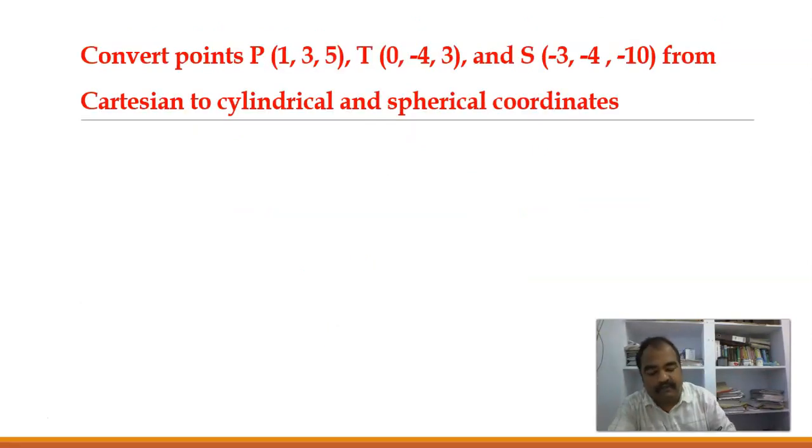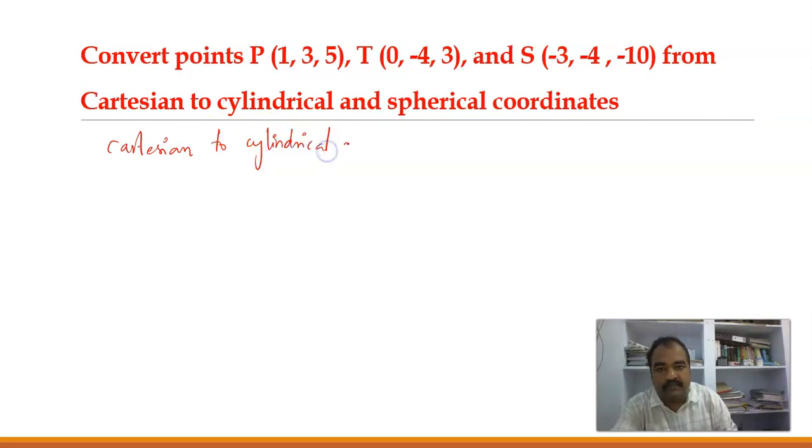Now we will try to convert each of these points into cylindrical coordinate system first of all. So we know that from Cartesian to, we'll try to convert first from Cartesian to cylindrical coordinates.